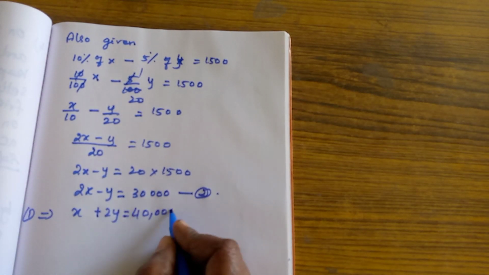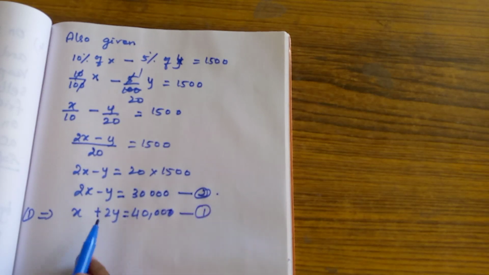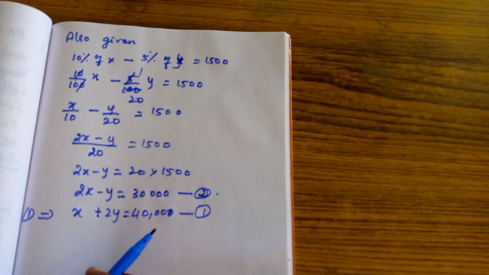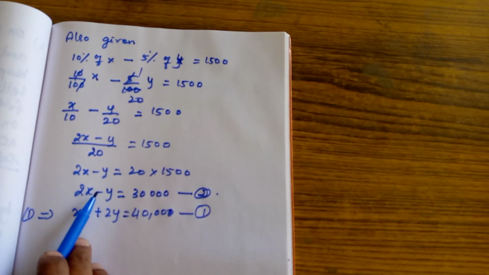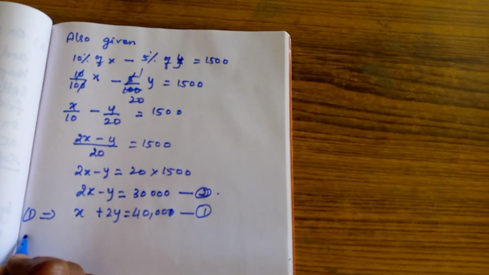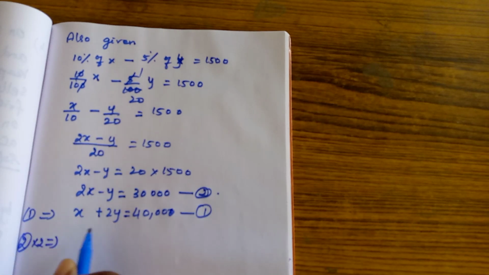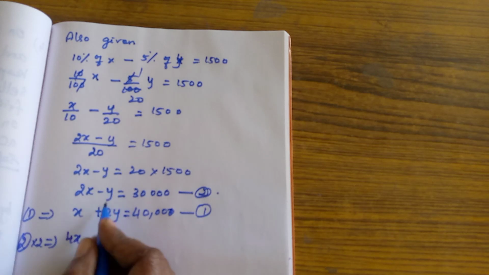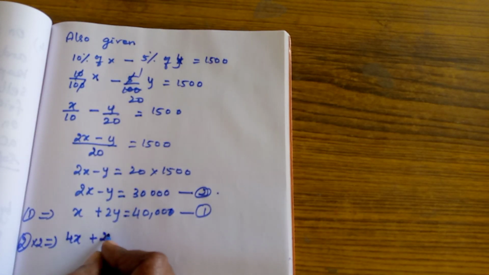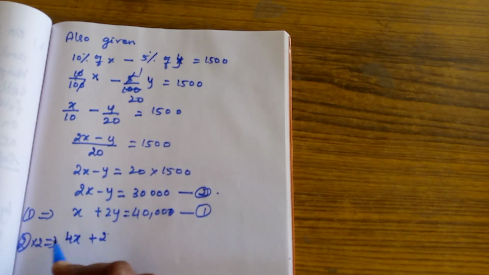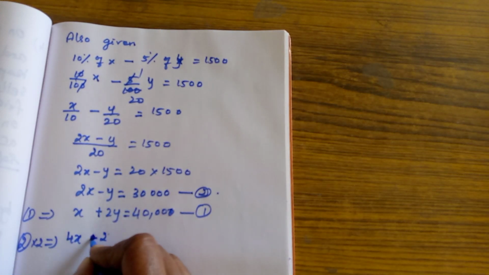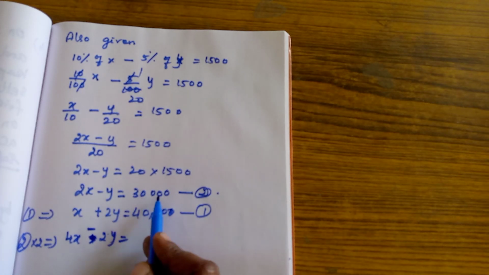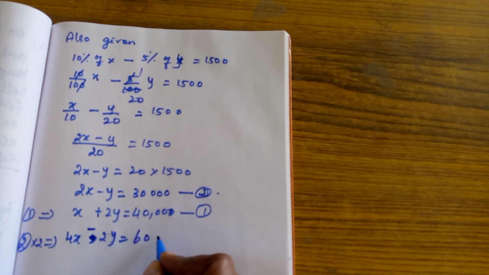So we have to eliminate one term. For that, let us multiply equation 2 by 2. Equation 2 into 2 means 4x minus 2y is equal to 30,000 into 2, which is 60,000.